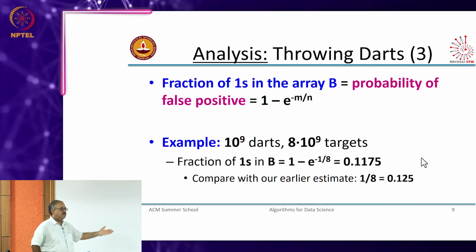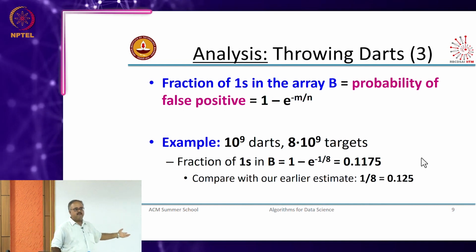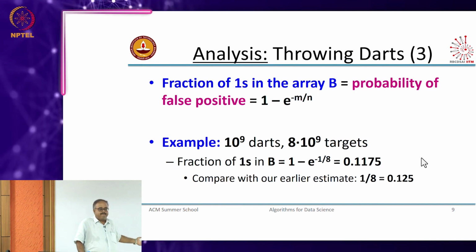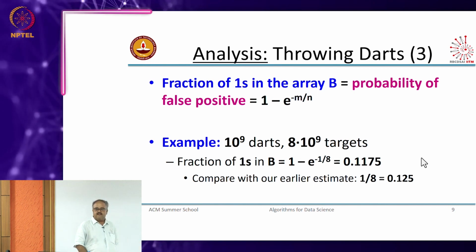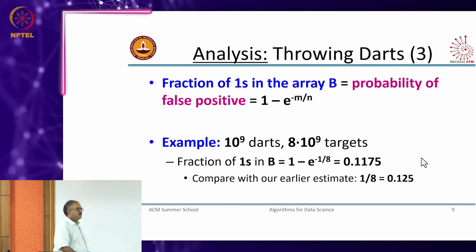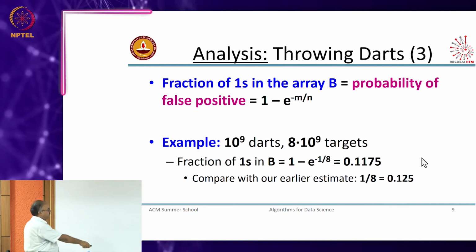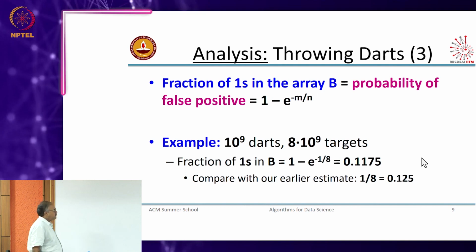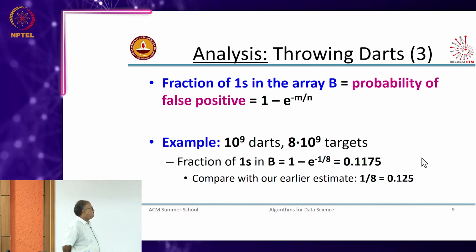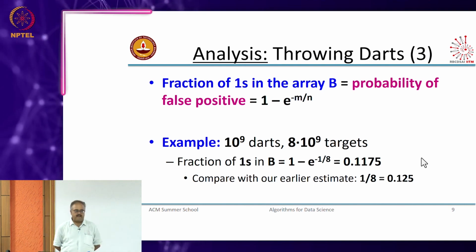So, what will be the trick to amplifying this? Use more than one hash function. So, we used one hash function, and for these numbers, the 1:8 ratio, we get about 0.1175 as the fraction of false positives that you might get.